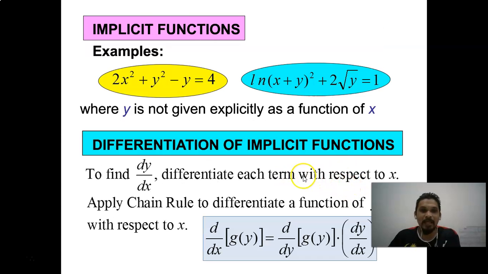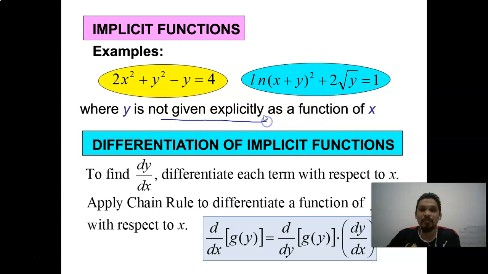Implicitly. So, for example, you are given a function of 2x squared plus y squared minus y equal to 4, where y is not given explicitly as a function of f(x).